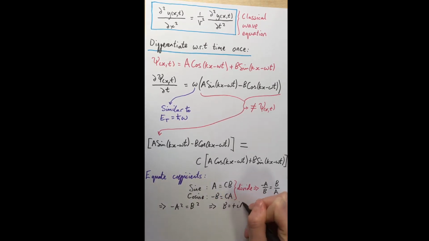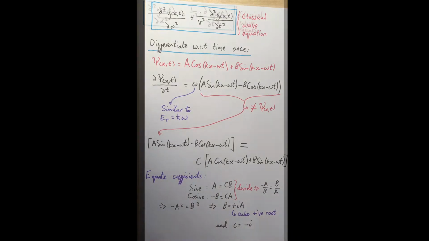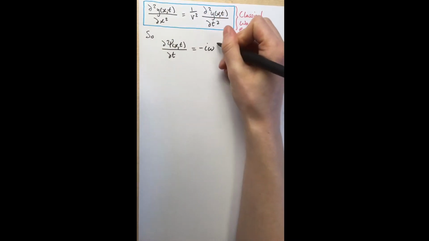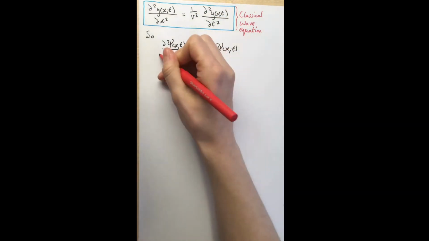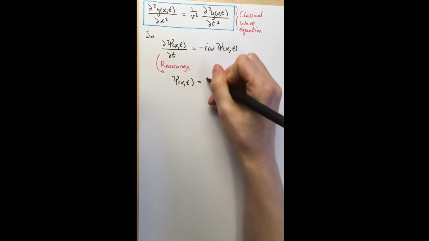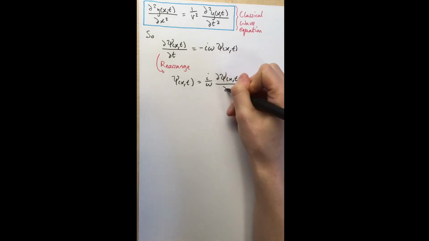After some manipulation, we find that c is just equal to minus i. So we can write the time derivative of the wave function in terms of our original wave function solution. Again, let's rearrange to just get the wave function on its own.